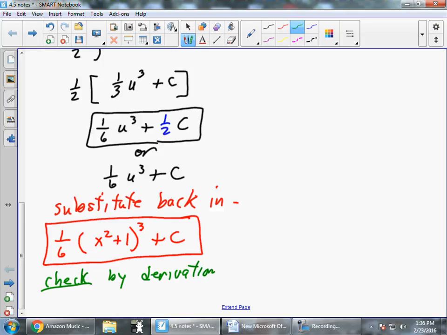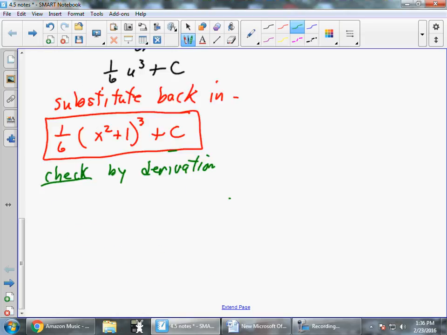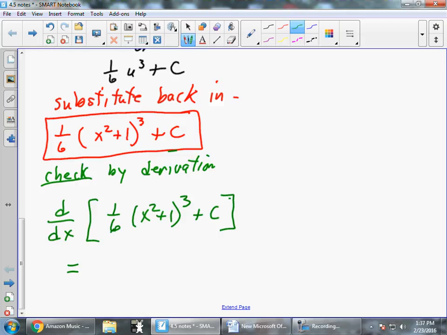Derivation. Okay? So let's take the derivative with respect to x of 1/6 times x squared plus 1 cubed plus c. What do we get? Ian, help me out, man.